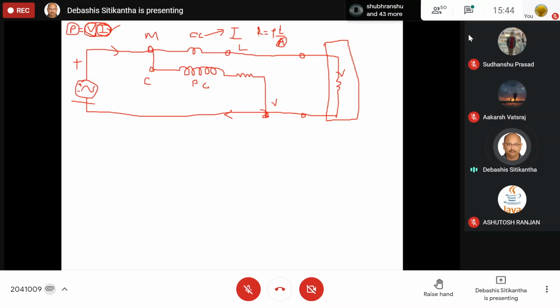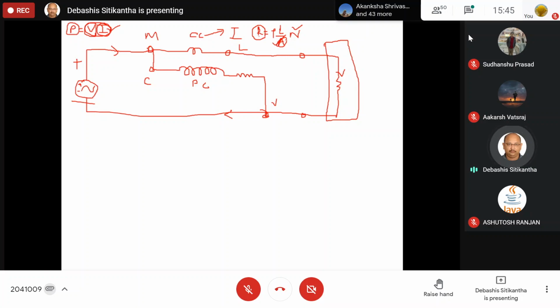Secondly, we use fewer turns, because if the number of turns increases, the resistance also increases. So, to reduce the resistance, we use fewer turns. We decrease the value of N, the number of turns, and we increase the value of A, the area of cross section of the conductor used in the current coil. In this way, the resistance is kept at the minimum possible value.